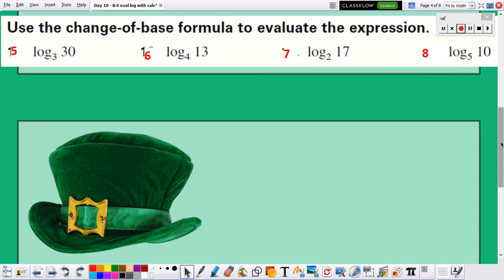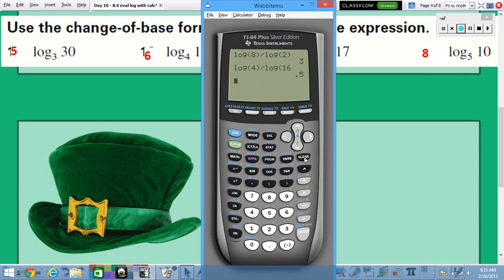Okay, so let me grab my calculator now so we can go over these. First, number 5 is log of 30 divided by log of 3. So you should get 3.0.